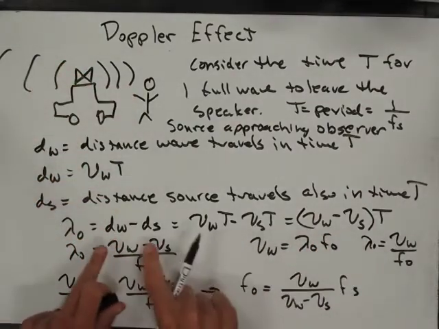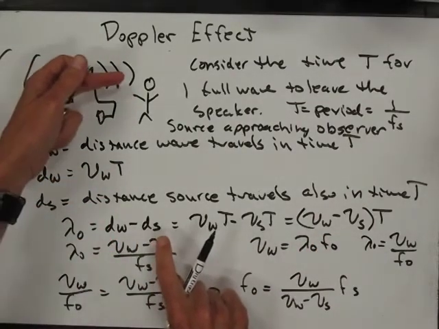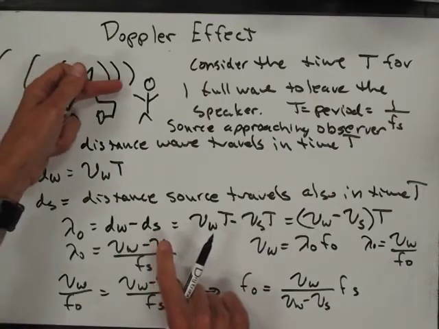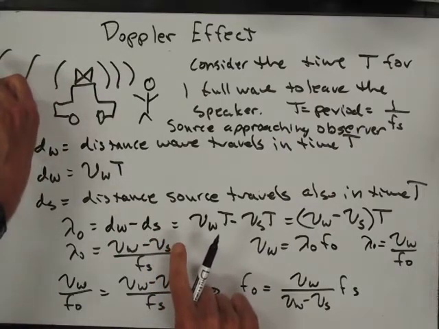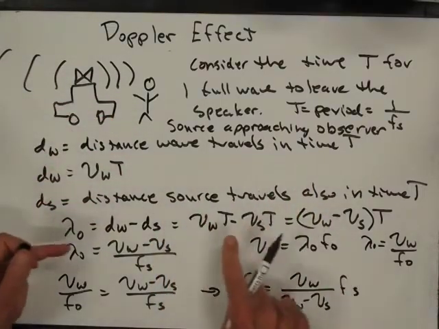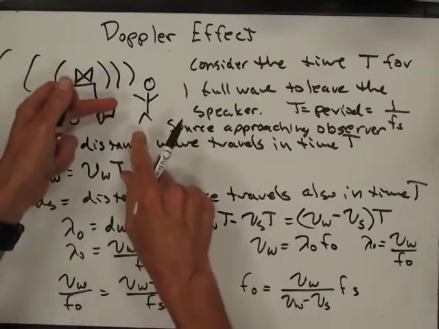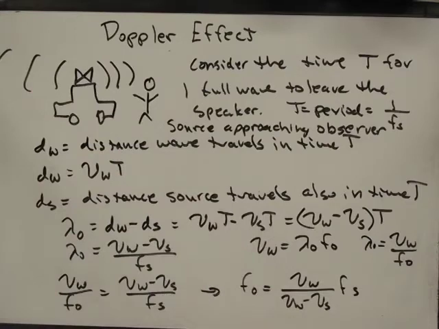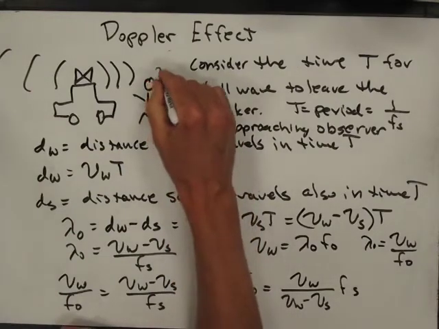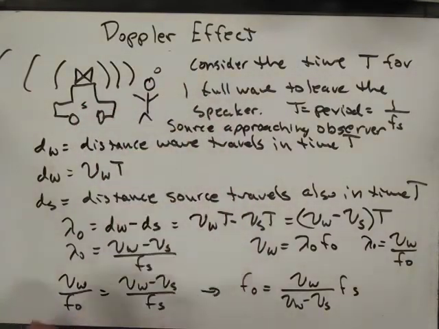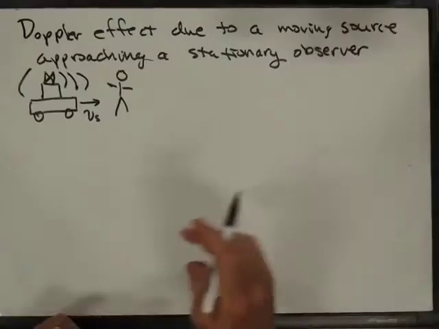That's why I took the difference between these two things: the distance the wave travels minus the distance the source travels. We'll look at the backward end in a minute. But in this example, I've worked out the forward direction, the distance the car is catching up to the wave in the example I gave, right? And so this is the observer, and this is the source. Okay, so that's our formula, and I'll just do a quick example with that.